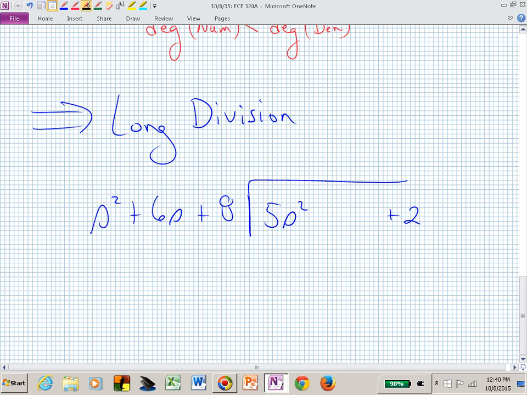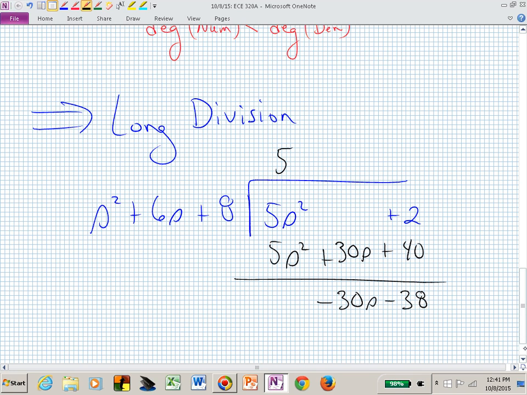If we do this long division, s squared goes into 5s squared 5 times. We now have 5s squared plus 30s plus 40. We subtract that and we have minus 30s minus 38.